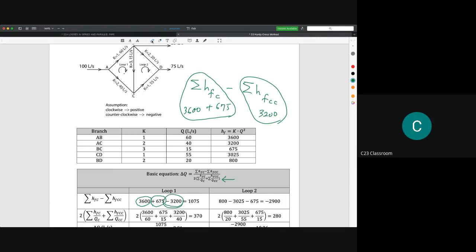For the losses for clockwise, HF is 3600, and we divide by its flow rate, 60. Then 675 divided by its flow rate, 15. For the counterclockwise, there is no negative sign, so the value is 3200 divided by its flow rate, 40. Then you calculate all of this, times by 2, and you will get 370. For the first one, you will get 1075.